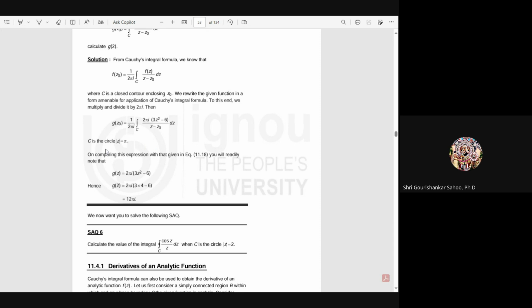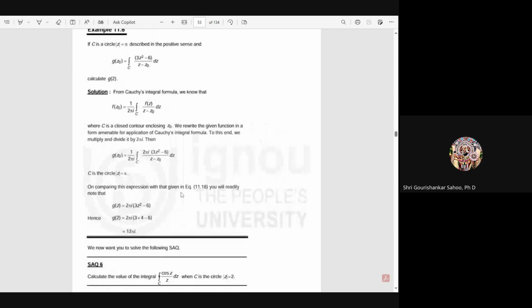Now C is a circle having modulus pi. By comparing the expression, g(z) = 2πi(3z² − 6), and g(2) = 2πi(3 × 4 − 6), since z is equal to 2 here, which is equal to 12πi.